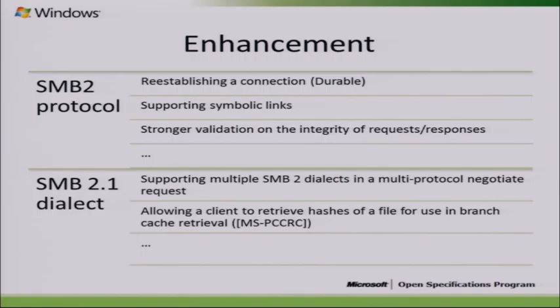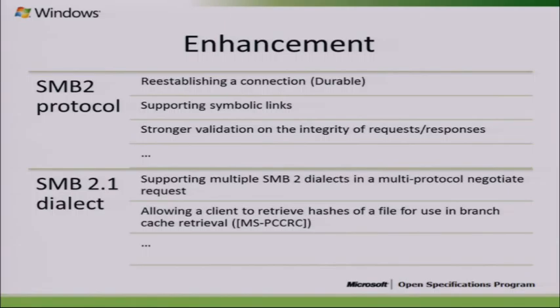The SMB2 and SMB 2.1 dialects introduce many enhancements compared with the SMB protocol. SMB2 introduced the connection rate, durable connections, and it supports symbolic links, and it introduced stronger validation on the integrity of requests and responses.